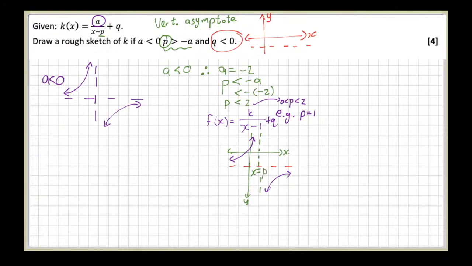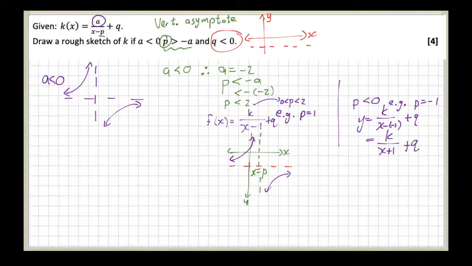But now what if, scenario 2, what if p becomes smaller than 0? For example, what if p is equal to negative 1? Well, then my graph would look like y equals k over x minus negative 1 plus q, so k over x plus 1 plus q.